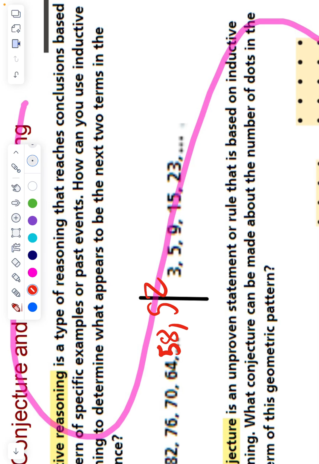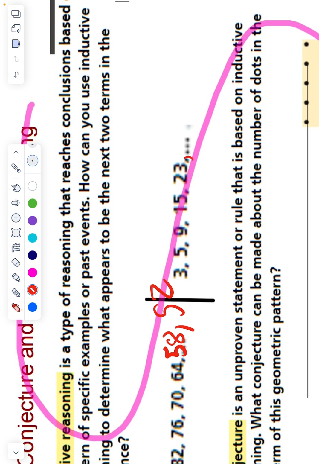Like, for example, in this next one, 3, 5, 9, 15, 23. What do you think that's? What was it? Okay, 33. 46, you said? Okay, so describe the pattern in that case. The first one is adding 2, and that's doubling how much it adds every time. Okay.